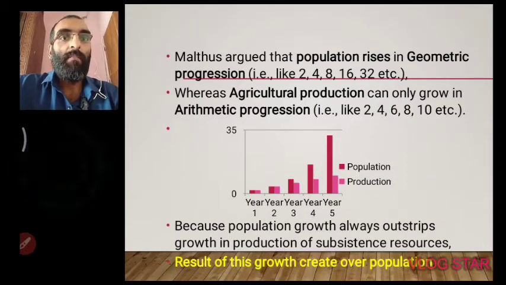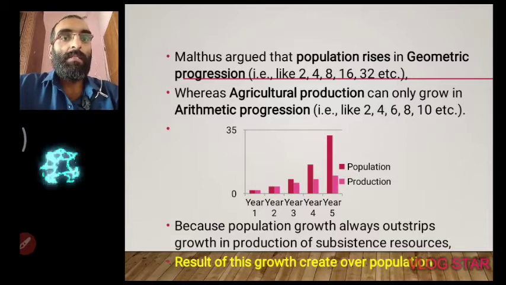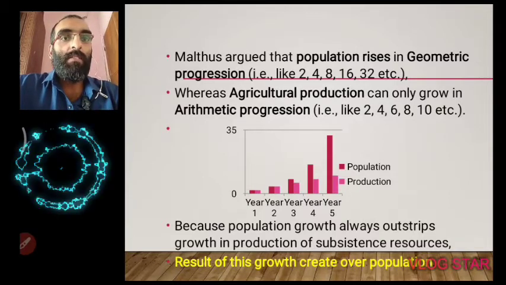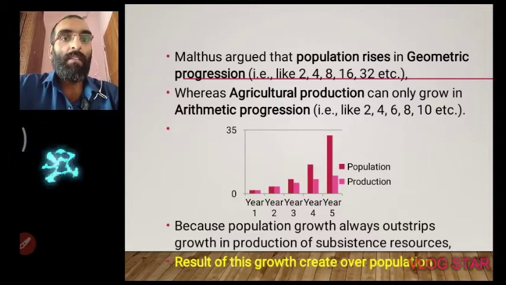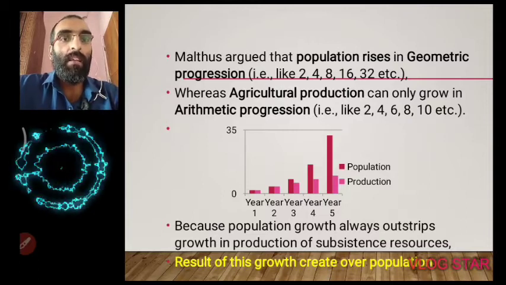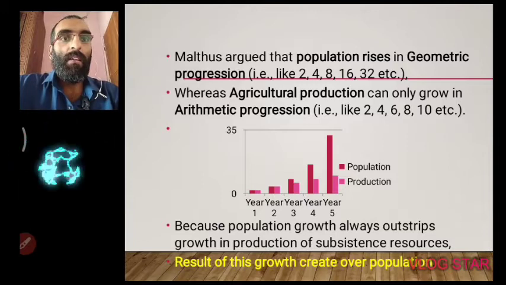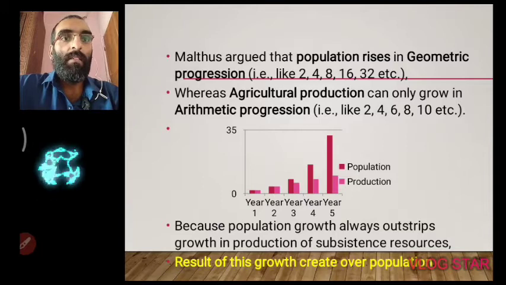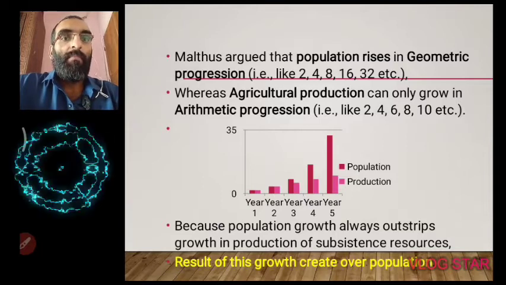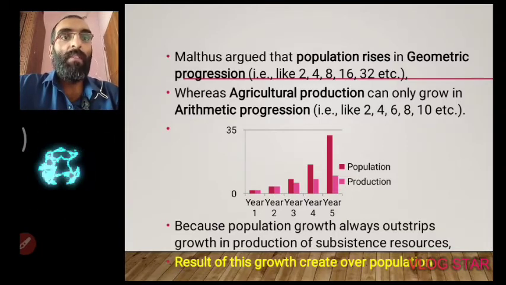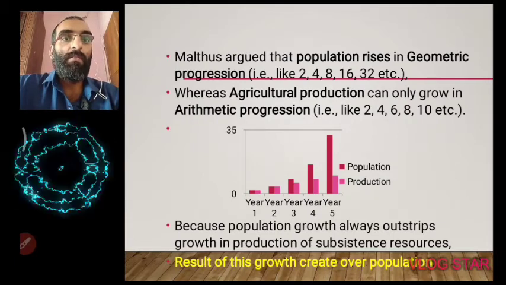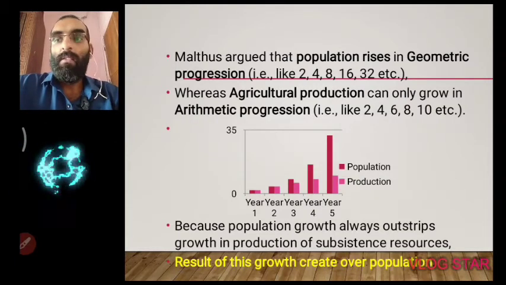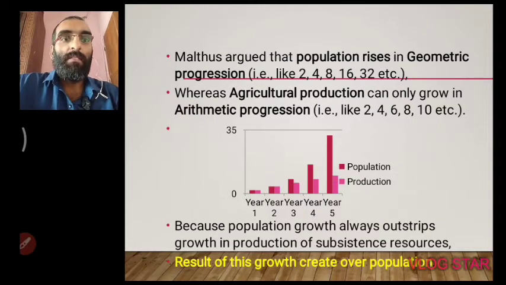Through this chart you can see how population and production are growing year by year. In red color is the highest rate of population, because population growth will always outstrip the growth in production of subsistence resources. A result of this growth is overpopulation.